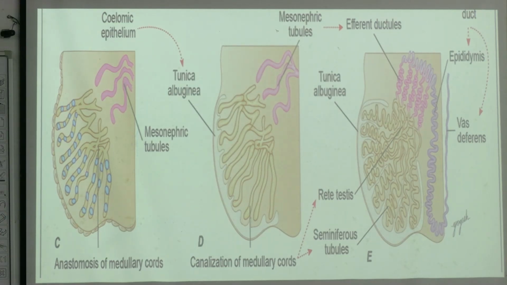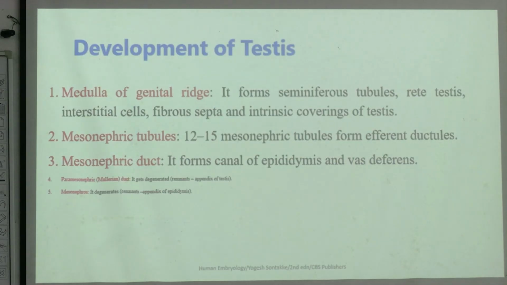So this is how the whole thing is. Later on the tubes become canalized, lumen is formed, and the sperms which are produced go through this duct system and are excreted out into the ejaculatory duct system. So this is how it is going to form.